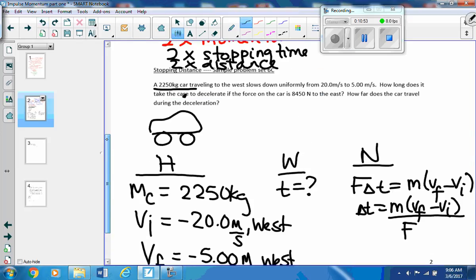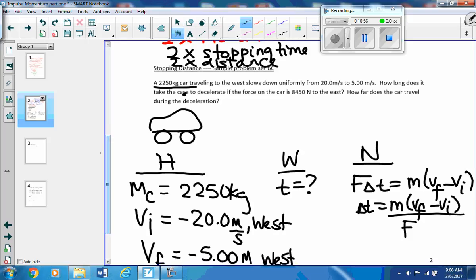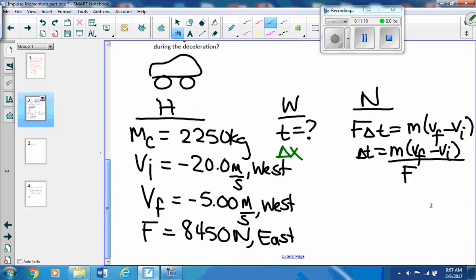So I'm going to go back up and read the problem again. How far does the car travel during this deceleration? So we got the stopping time. That's the first variable we're looking for. And then we want to go back to this delta x idea. Okay, and from first unit, we had that delta x over delta t was equal to vf plus vi over 2, right?